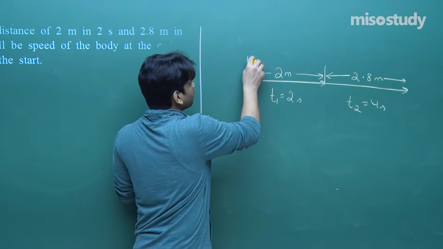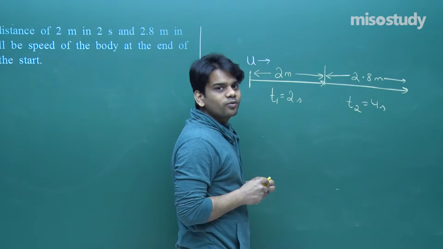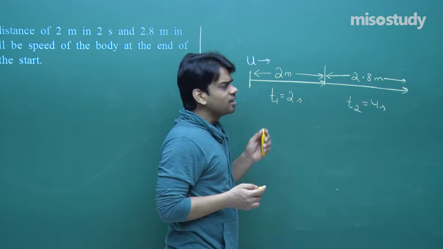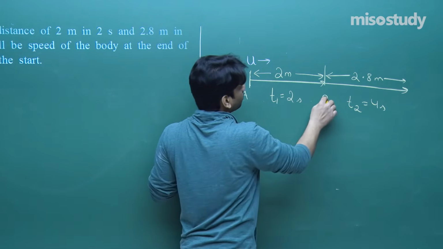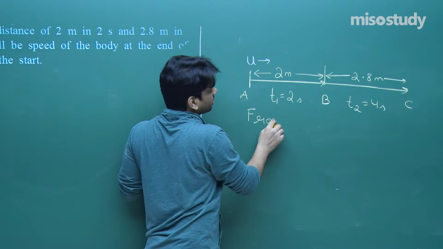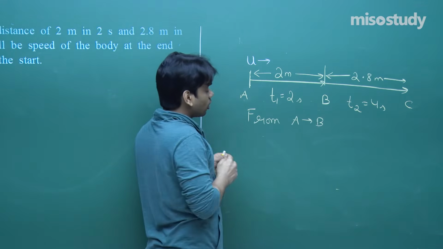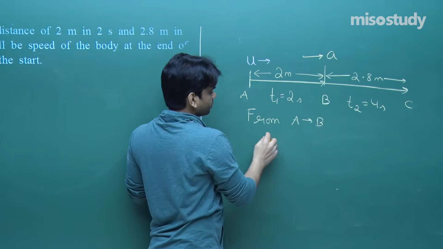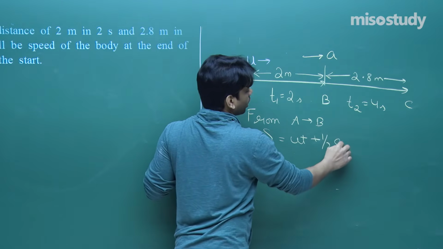Let's say the body starts with initial speed u and let's try to find out what will be its acceleration or retardation. Now see, let me mark that 3 points A, B, C. Now see, from A to B, if I study the motion from A to B, we can comment on if the acceleration or retardation is a for the entire motion. So S will be ut plus half at square.